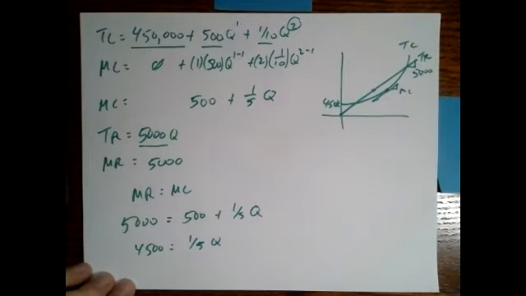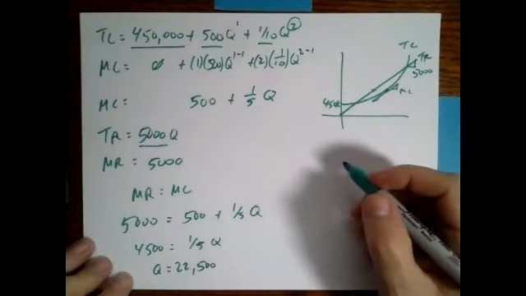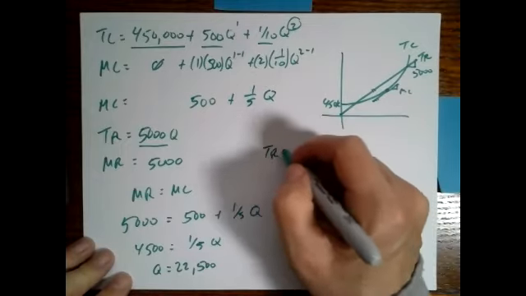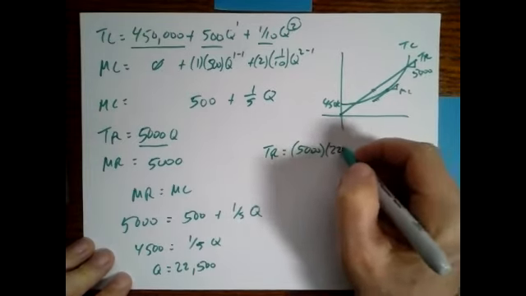a profit maximizing quantity of 22,500. With a profit maximizing quantity of 22,500, I can now calculate my total revenue, which is 5,000 times 22,500.